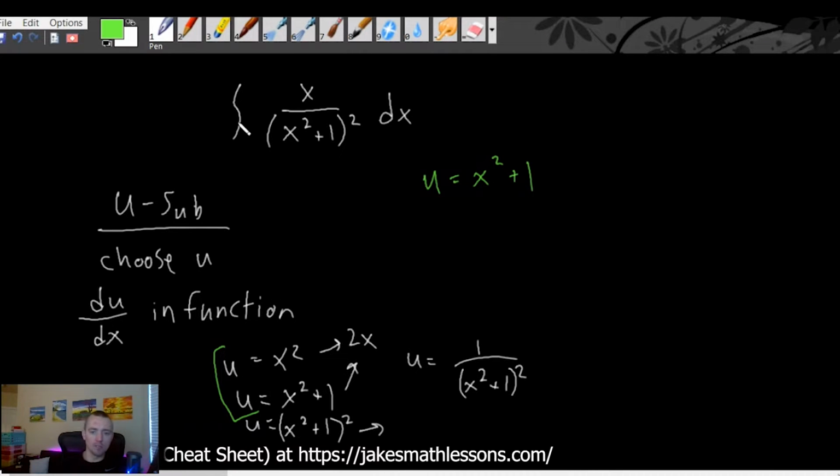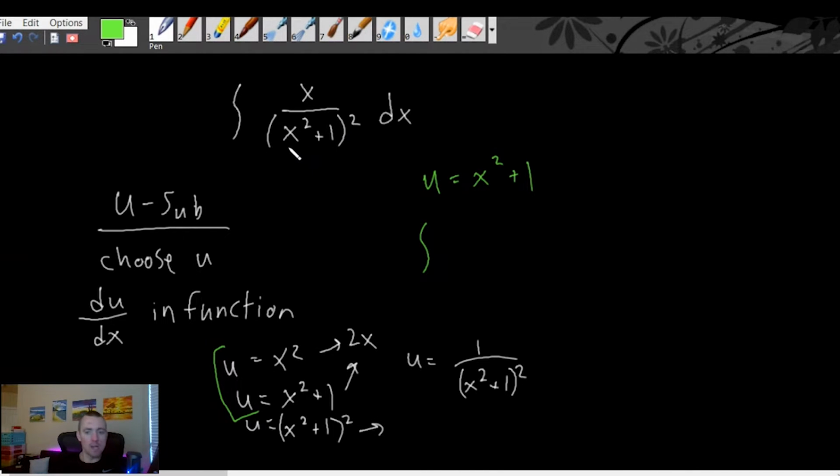And the reason is, you can see that if we make our u x squared plus 1, and then we think about putting that into our integral, everything within the parentheses is going to change to a u.